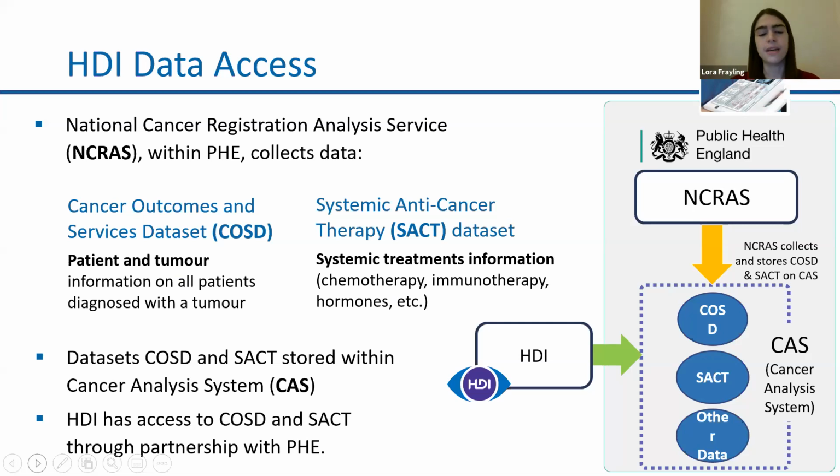This contains information on all patients and tumours for patients that are diagnosed with tumours in England. And then the Systemic Anti-Cancer Therapy dataset, i.e. SACT, contains information on all systemic treatments that these patients receive from NHS providers. These treatments include things like chemotherapy, immunotherapy, and hormone treatment.